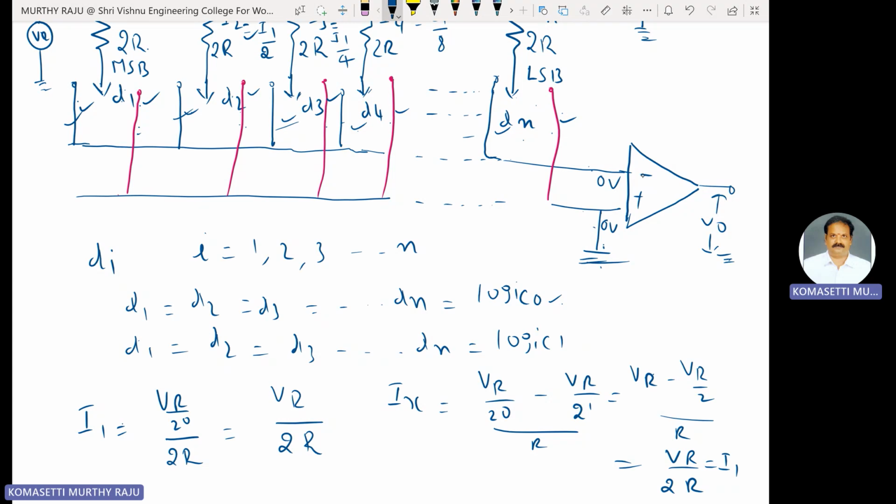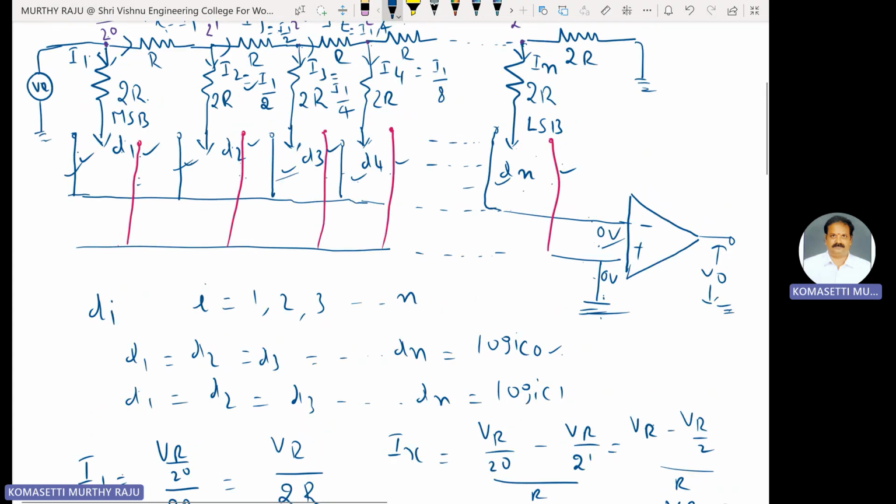This inverting terminal is also at ground potential because of the virtual ground concept. In either case, DA equal to logic 0 or logic 1, the switches are connected to ground potentials. Due to virtual ground, the inverting terminal of the op-amp is also maintained at 0 volts.